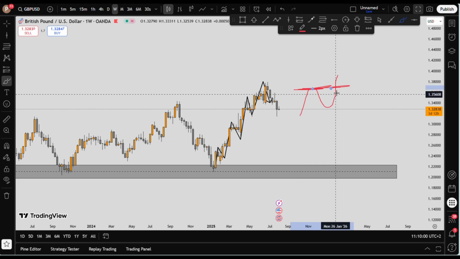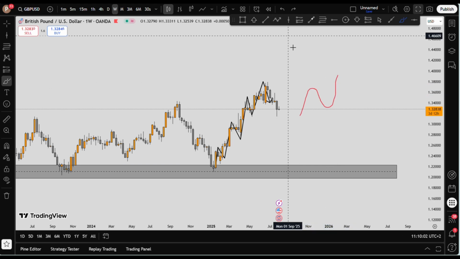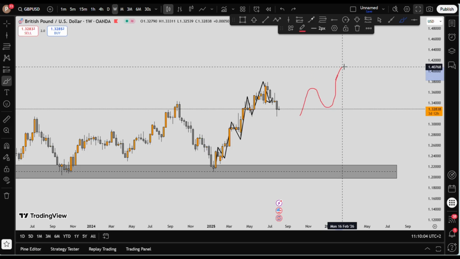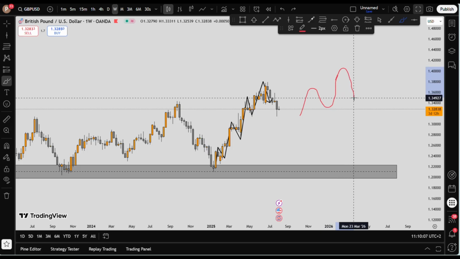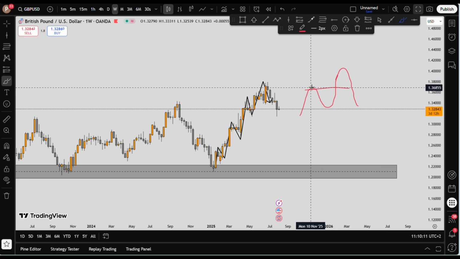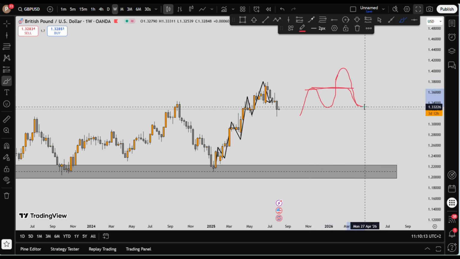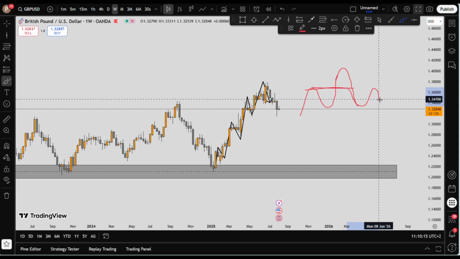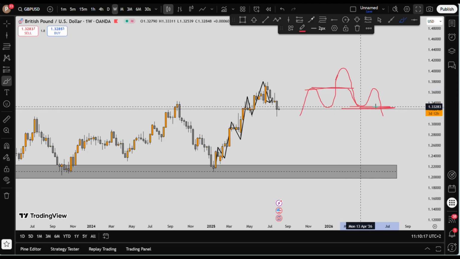If it fails to do so, if it does something like this, it fails to break, it fails to retest here, breaks below, like so, and then gives us a retest here, and breaks this low. That's when we know that our uptrend is failing.